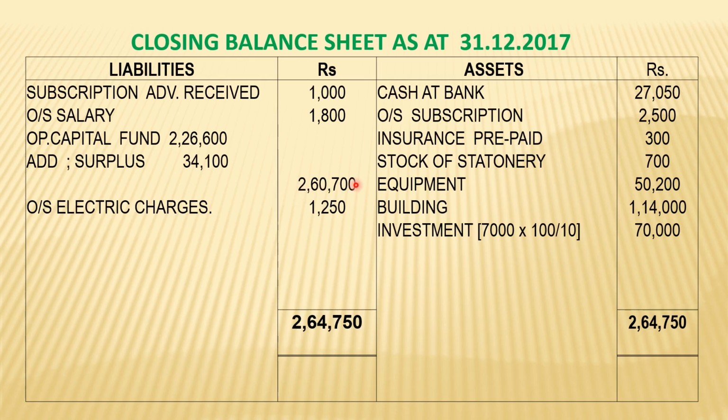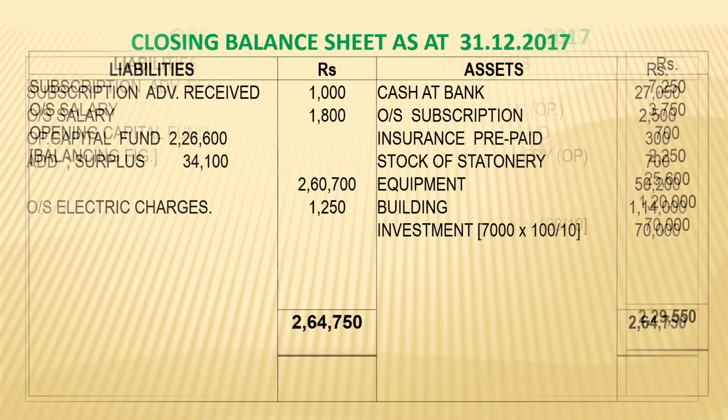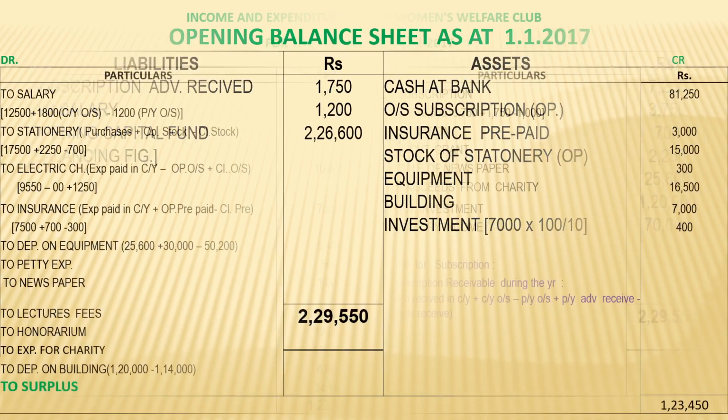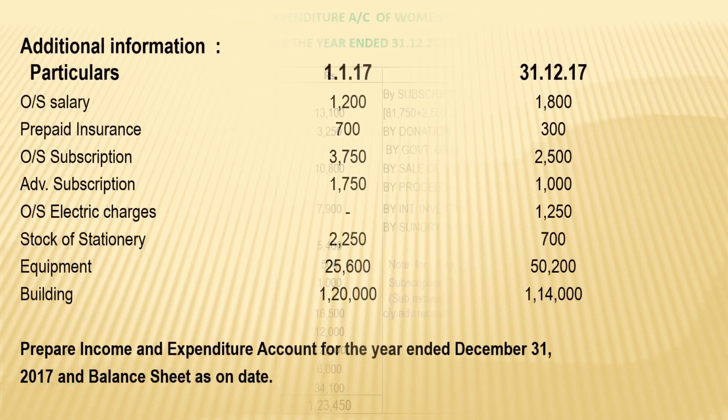Now, rather than all our information, we have to consider the adjustments, which are on this side. Outstanding salary, liability side in the closing balance sheet. Prepaid, asset side. Outstanding subscription, asset side. Subscription received in advance, liability side. Outstanding electric charge, liability side.